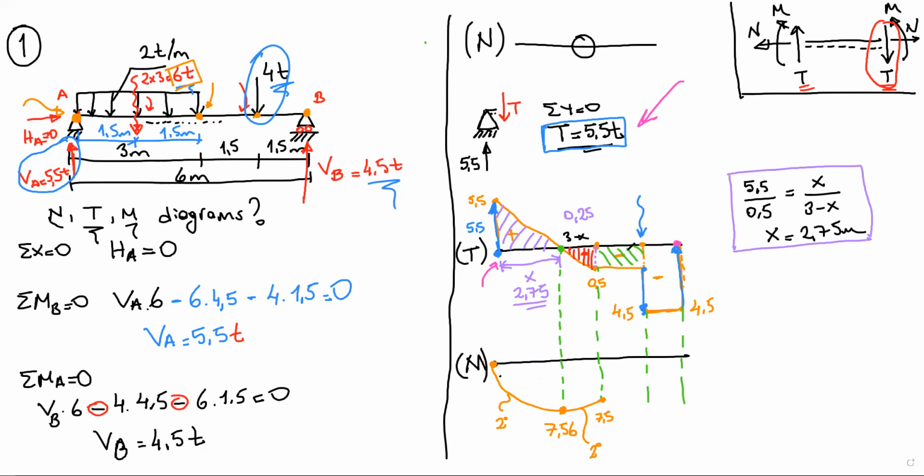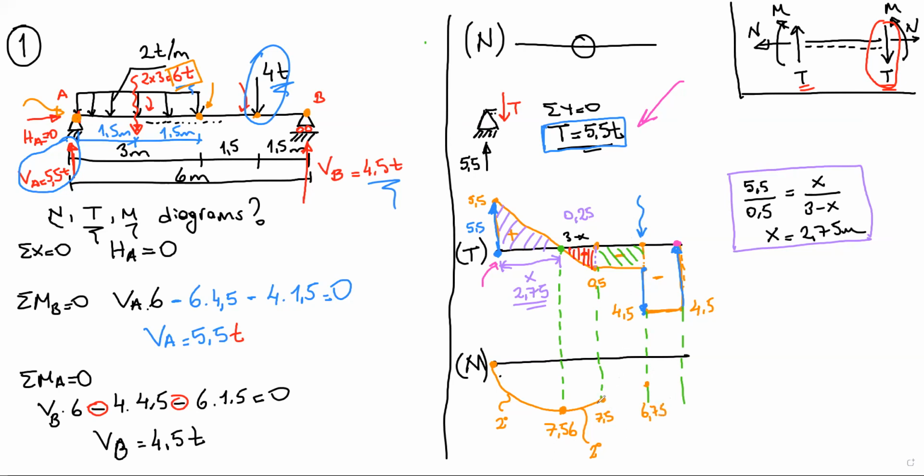So this is negative again. We are going to reduce it from this part over here. 7.5 minus 0.75 is 6.75.